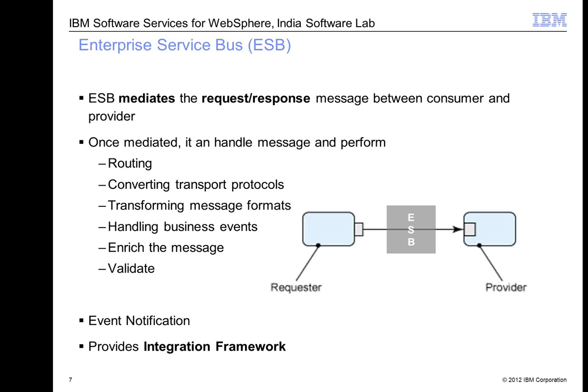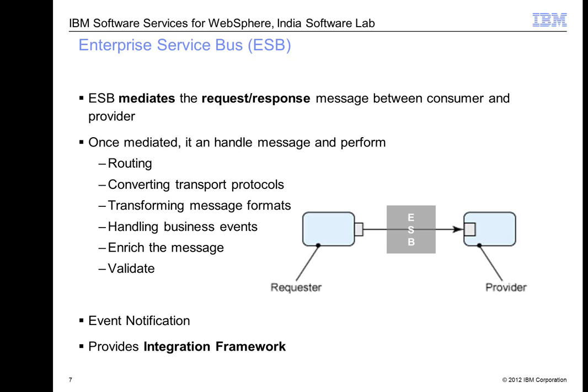There are various products available in the market which provide the enterprise service bus capabilities. To begin with, the enterprise service bus is a design principle, and this design principle is an important principle in service-oriented architecture.